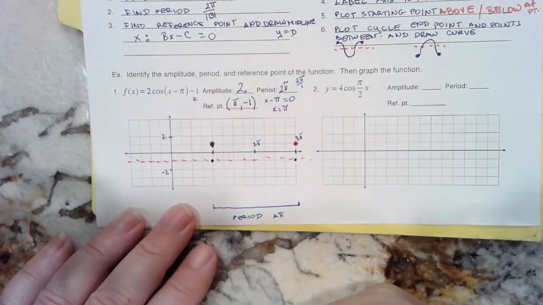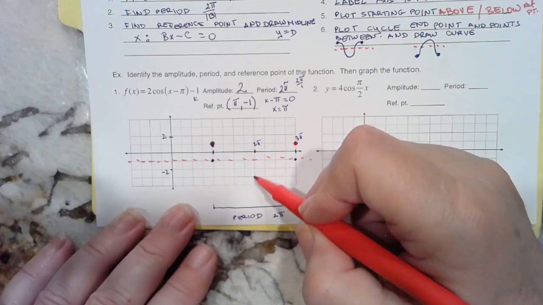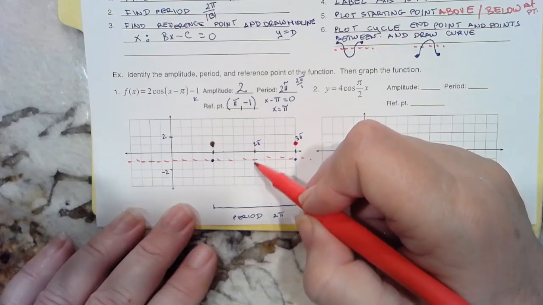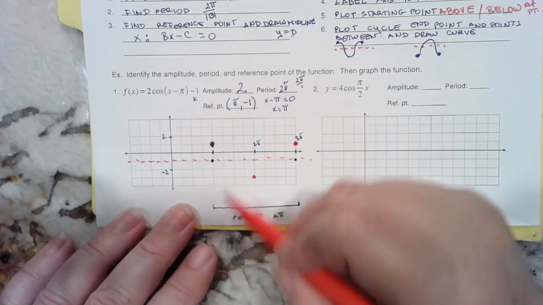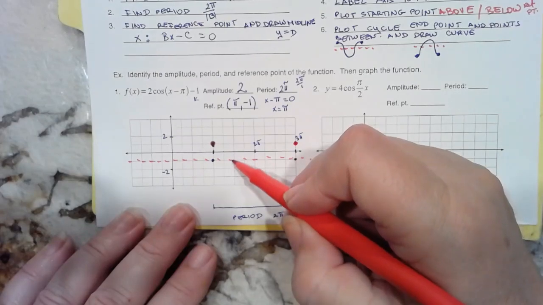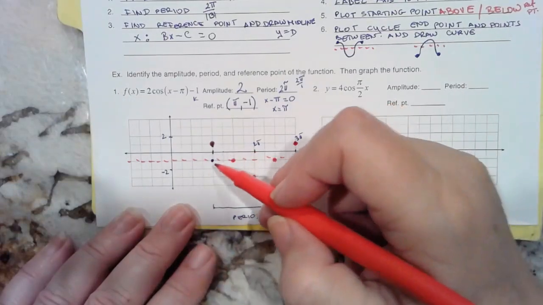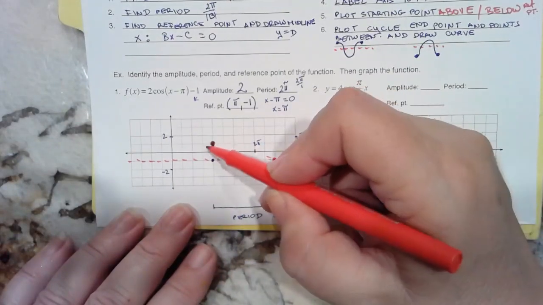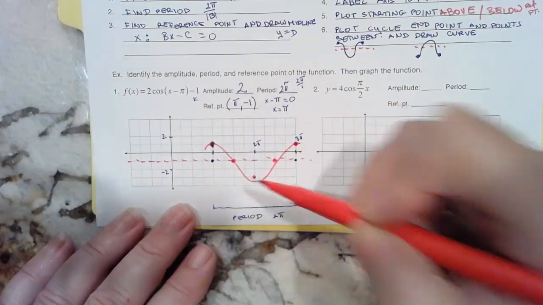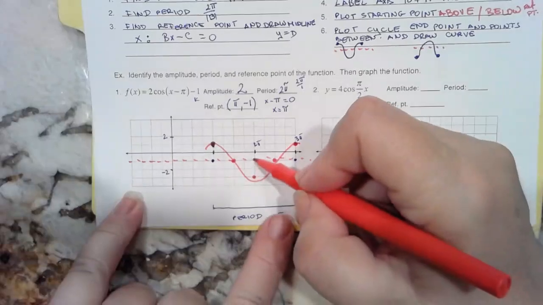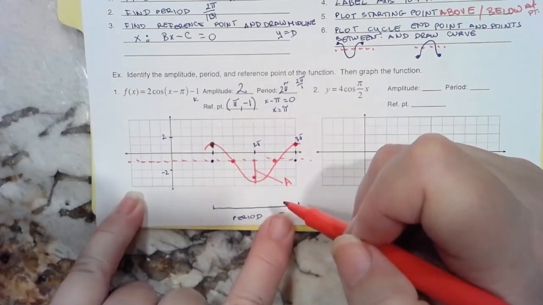Now, in the middle, I'm going to count 1, 2 down from the midline. And halfway is going to cross. So now you're just going to curve. You kind of have a little curvature here. Go down. Oops, I missed my point, but you get the point. So this is your graph, and this is the reference point.